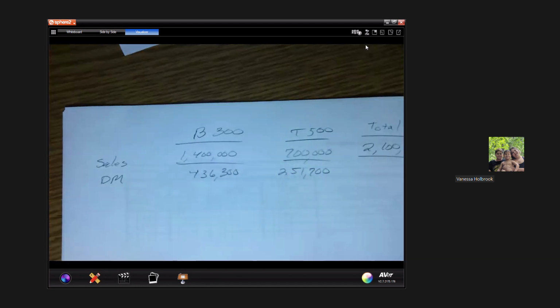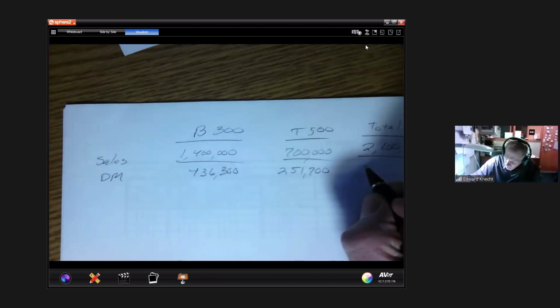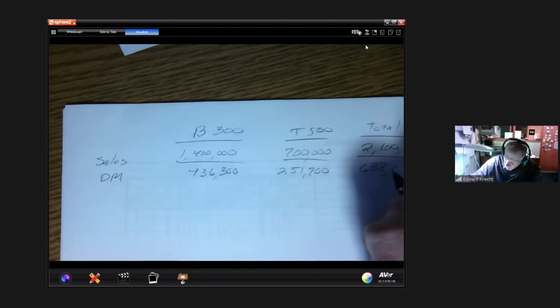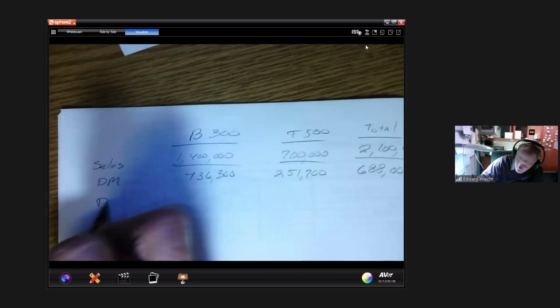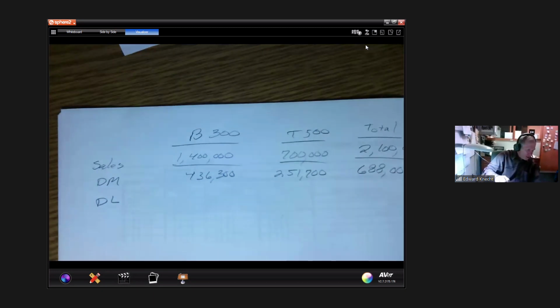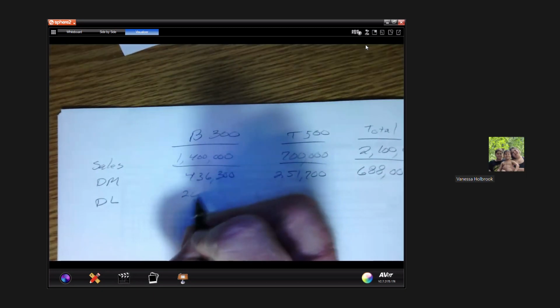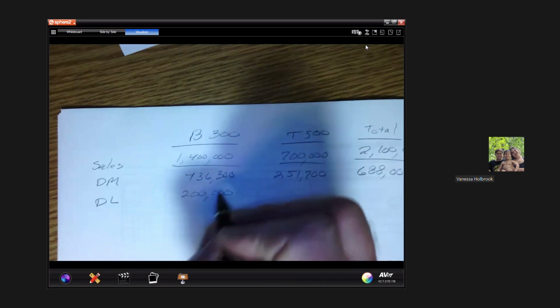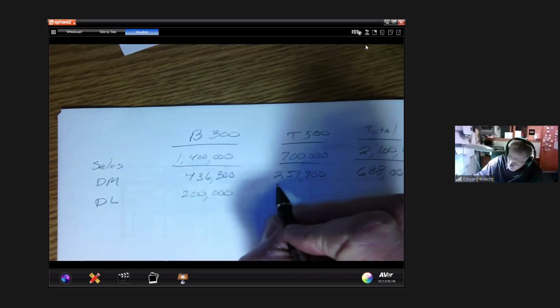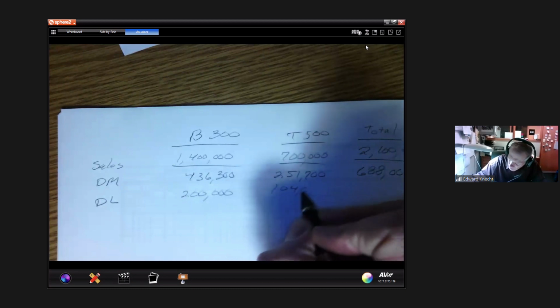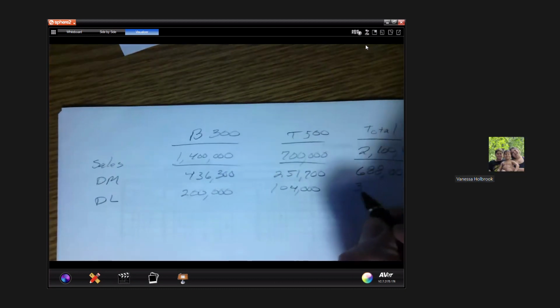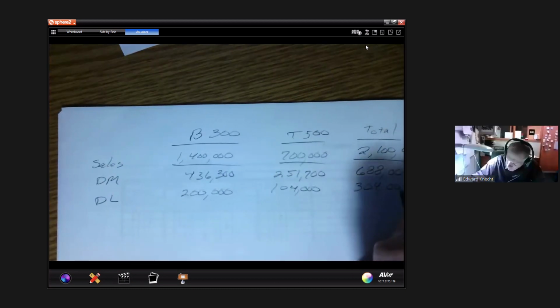And when you add those two together, does that give us 688,000? Yep. And then there's direct labor costs, right? For B300, is it 200,000? I believe so. And was it 104,000 for T500? Correct. And added together, that would be 304,000. So this goes faster because a lot of it is the same.